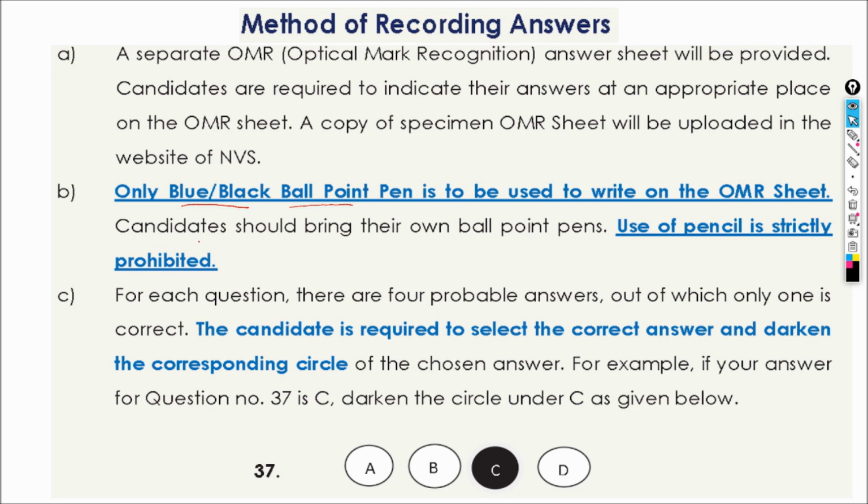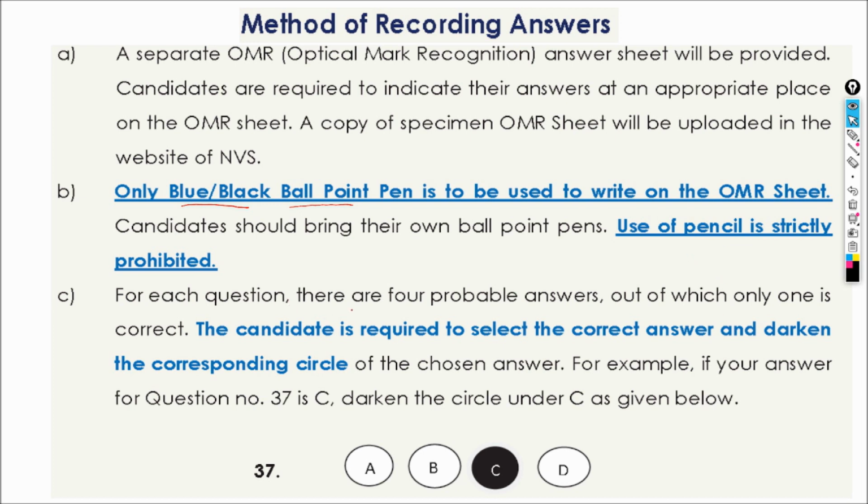Candidates should bring their own ball point pens. Use of pencil is strictly prohibited. Pens will not be provided in the examination hall, and use of pencil is strictly prohibited. That means students cannot use a pencil.